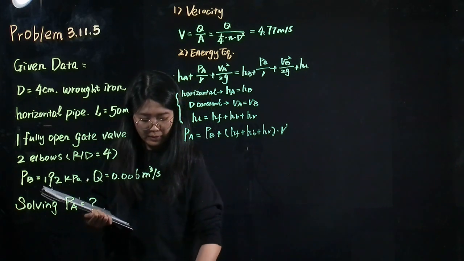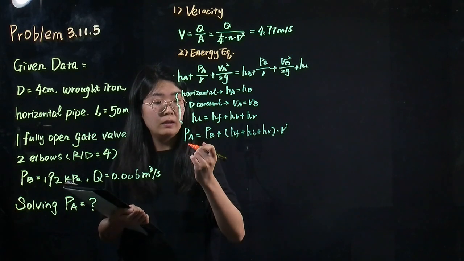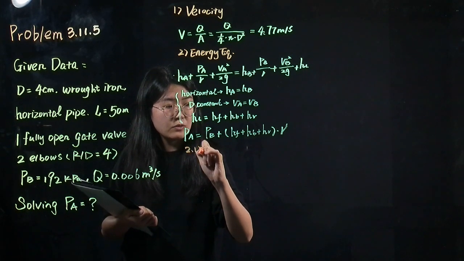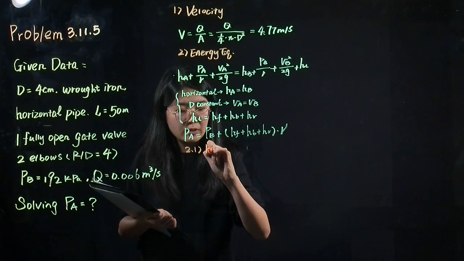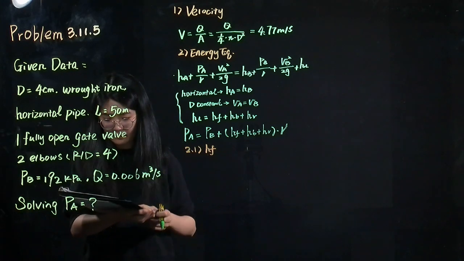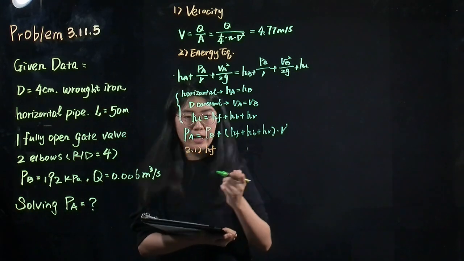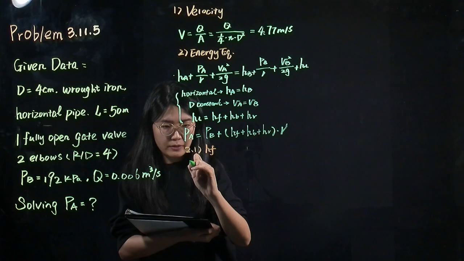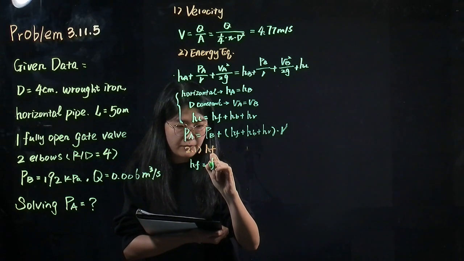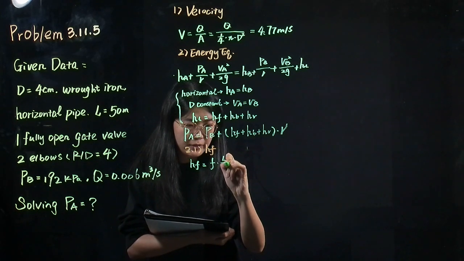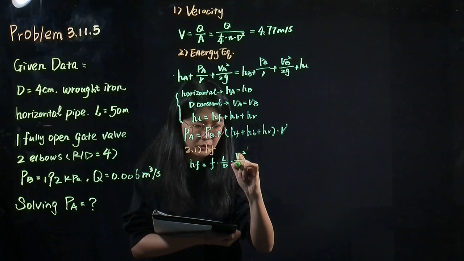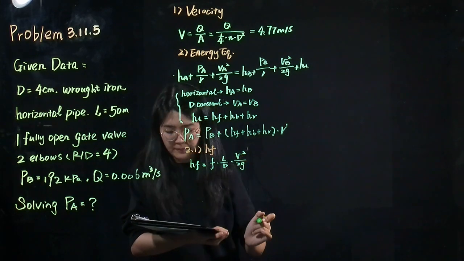So the first one, we want to figure out the value of HF. HF is given by the function friction factor times L over D times V squared over 2G.